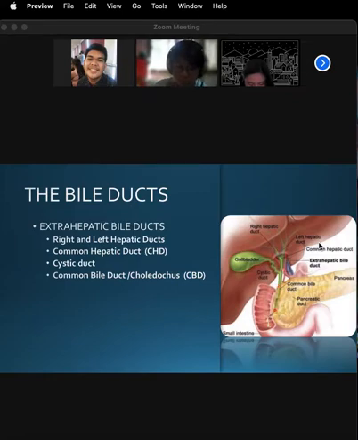Now, the common bile duct opens into the ampulla of Vater, which is lined by the sphincter of Oddi and is located in the second portion of the duodenum. This is about 10 centimeters from the pylorus. The common bile duct is joined by the pancreatic duct just outside of the ampulla of Vater.